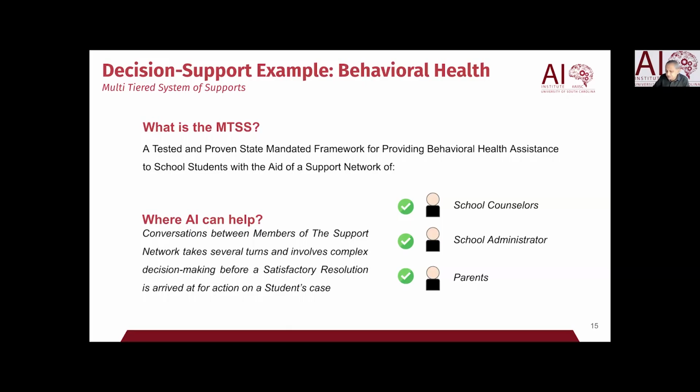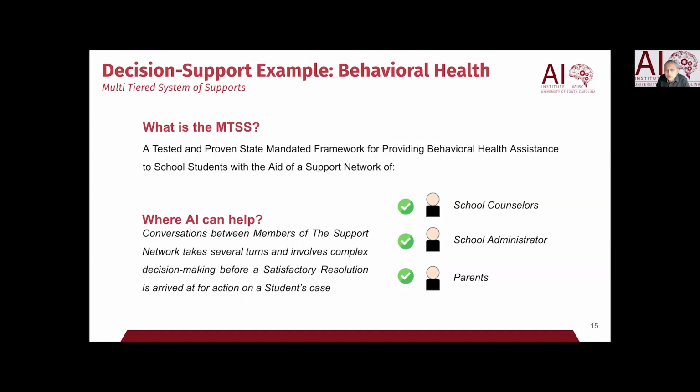One of the interesting things here is that you have various humans with different roles: school counselor, district counselor, school administrator, parents, or caregivers. So the AI system needs to align with each of them.